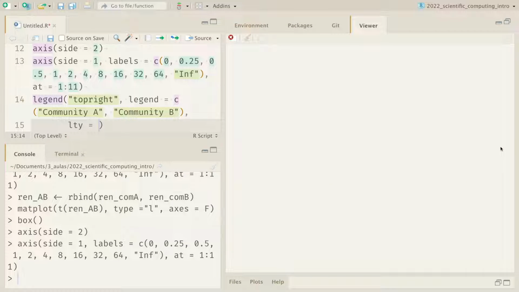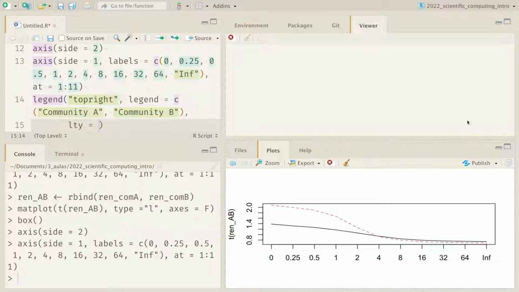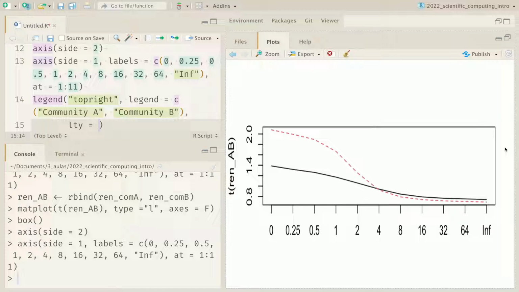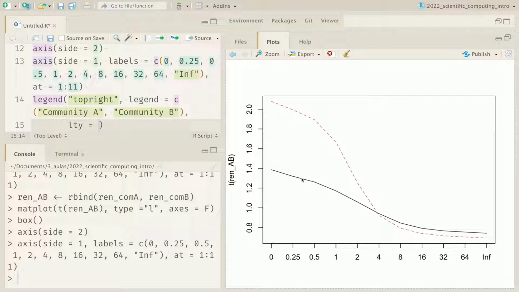These are the default line types for R, in the plots here. This is what line type 1 means in R, and this is what line type 2 means in R. So it's continuous and dashed, one kind of dashed.